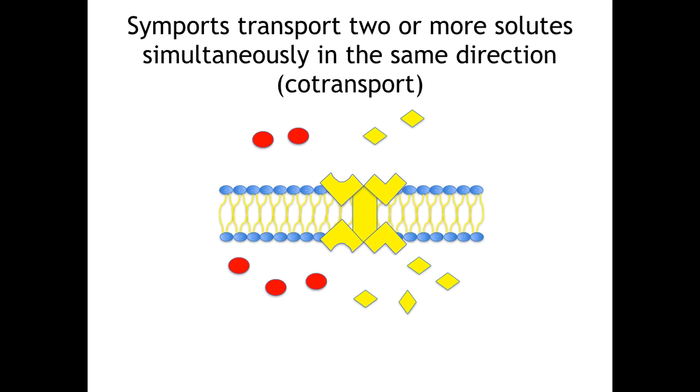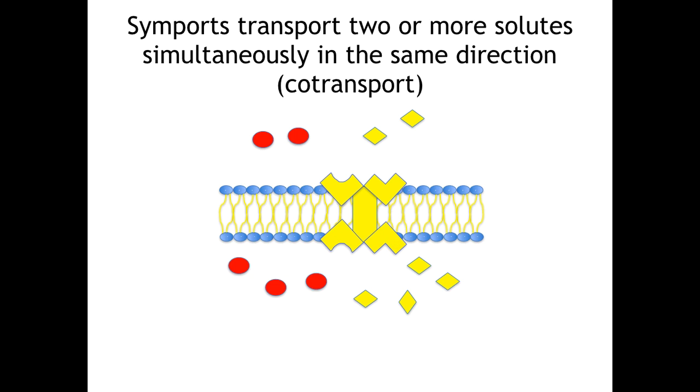Let's take a look at symporters, right? So this is a symporter for cotransport. And what you're going to see here is that in order to move across, you have to have something that binds here. See that red slot, or that round slot there? What does that look like it's going to bind? And you're going to have something that binds here as well. It could be these two on this side or these two on that side, but they have to be going the same direction.